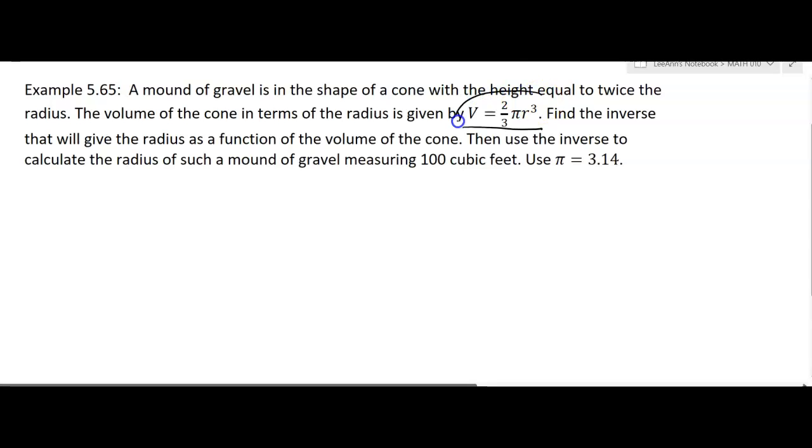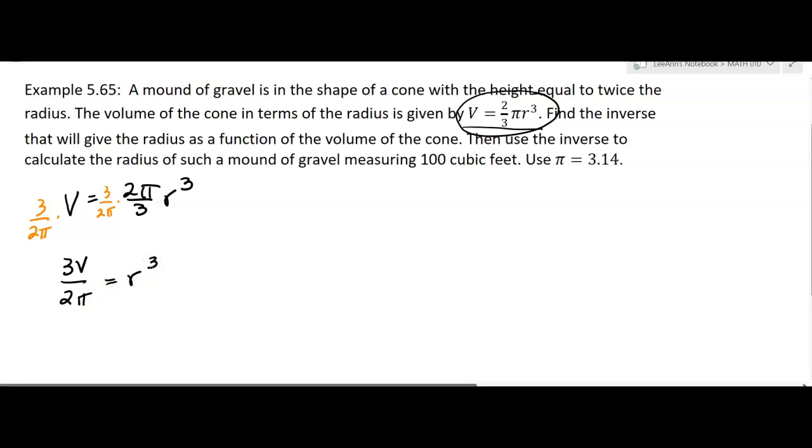So we don't have to switch anything, we just have to solve for r. So we're going to write V equals 2 pi over 3 r cubed. We're going to multiply by the reciprocal of that constant, which is 3 over 2 pi. And then that's going to give us 3V over 2 pi equals r cubed.